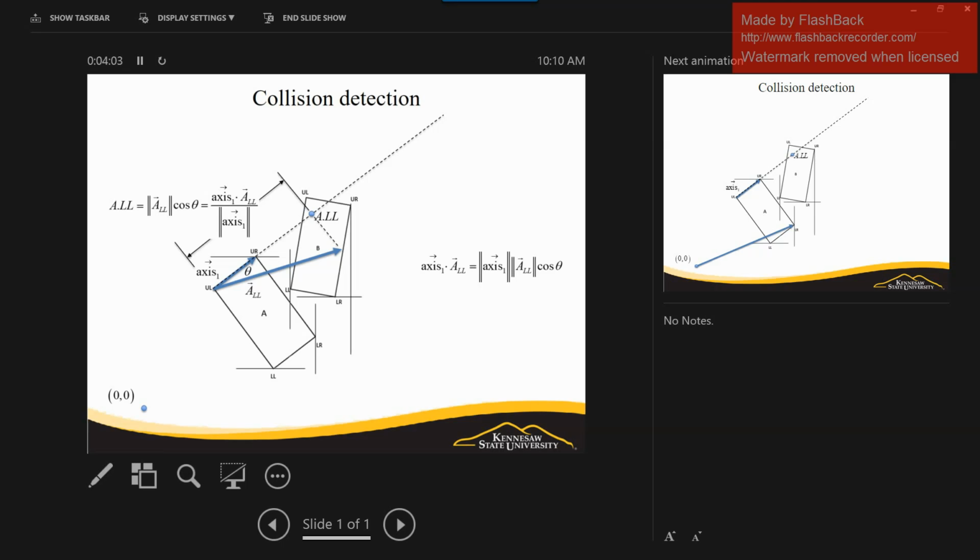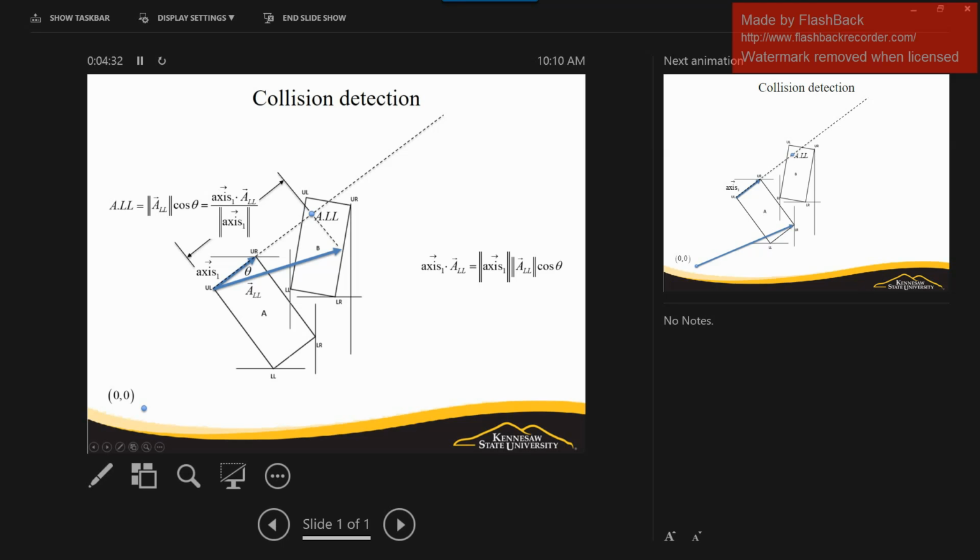Okay? So that A dot LL is a distance in my definition. Okay? And it's the distance from the tail of axis 1 to the projection of that vector. Okay? So I'm marking it as a point here, but in the way I'm representing it here, it's the distance along here.